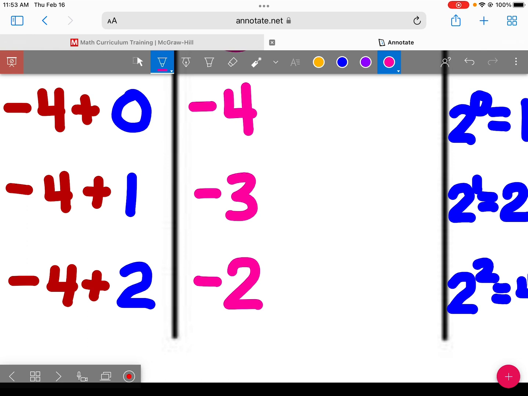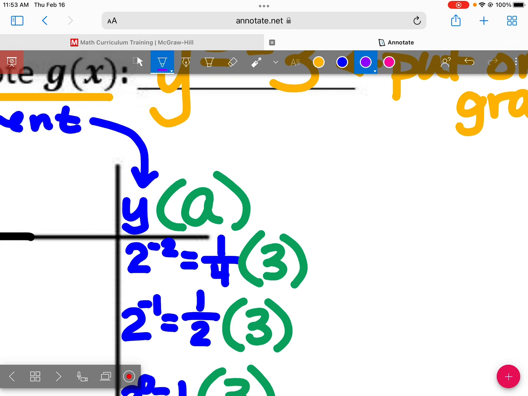For the y, don't you have to add something as well? Yes, we do. We've talked about A. We've talked about H. Who have we not put up here yet? K. K does what to my graph? We said it's going down 3. I always add K to my y's because the y-axis is what goes up and down.